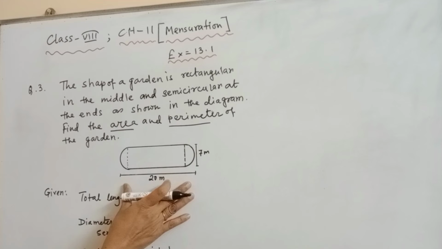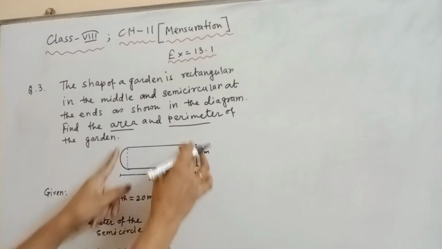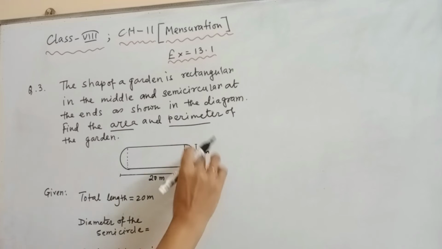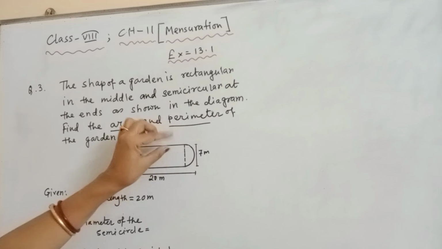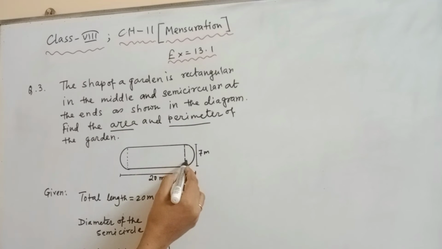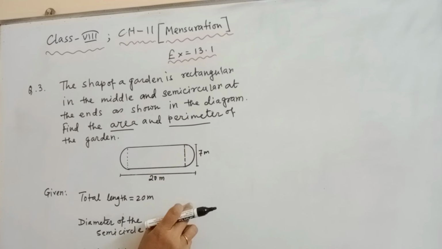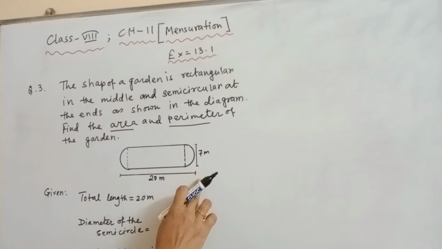What is given here in this diagram? The total length of this shape is given as 20 meter and the thickness of this garden is 7. That means the width we can take as 7, which we can consider as the diameter of the semicircular portion. The length of this complete garden is 20 meter.